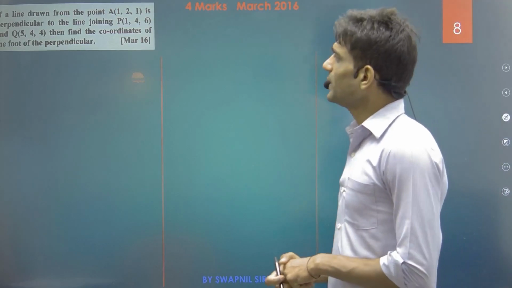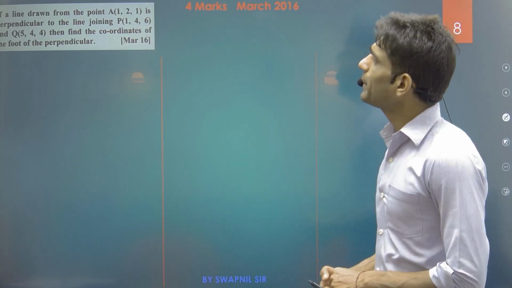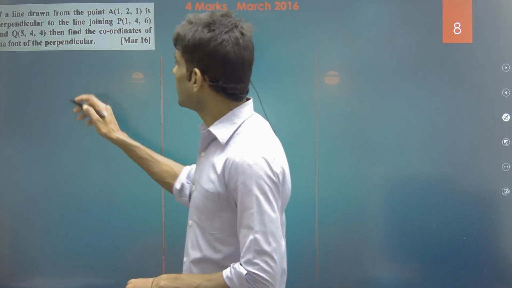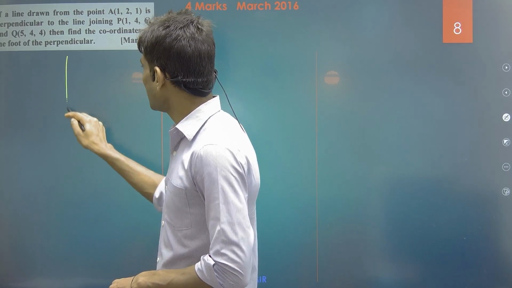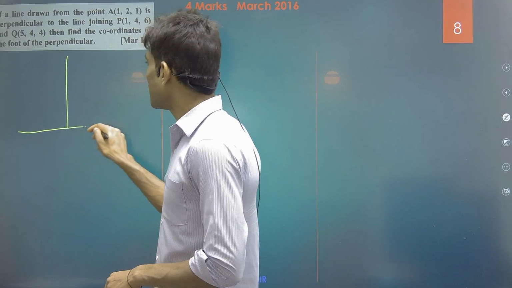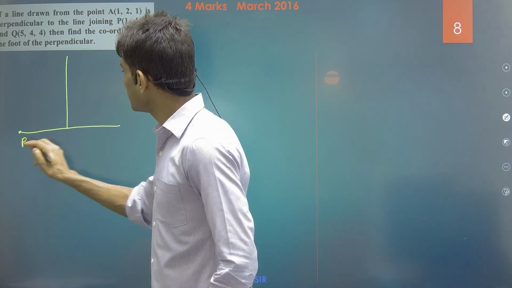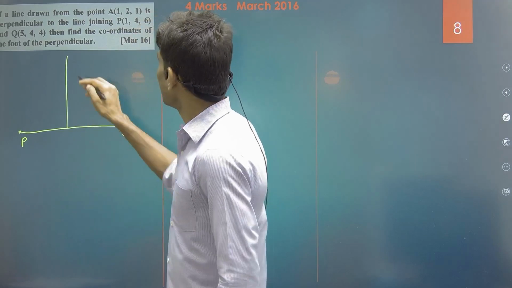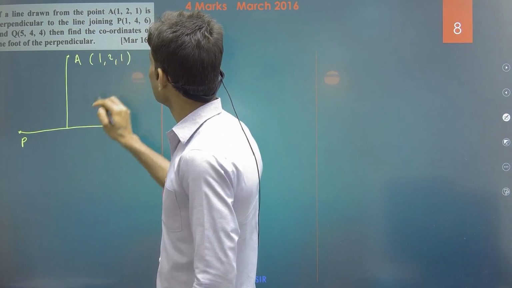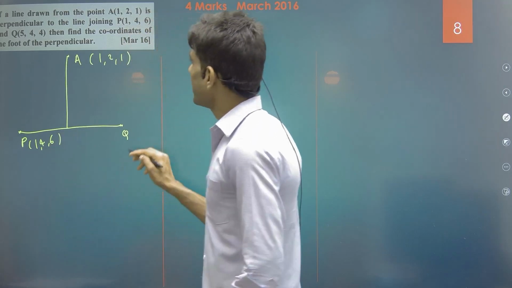In our next question, a line is drawn from the point A, perpendicular to the line joining points P and Q, and we have to find the coordinates of the foot of the perpendicular. The given vertices are A (1, 2, 1), P (1, 4, 6), and Q (5, 4, 4).